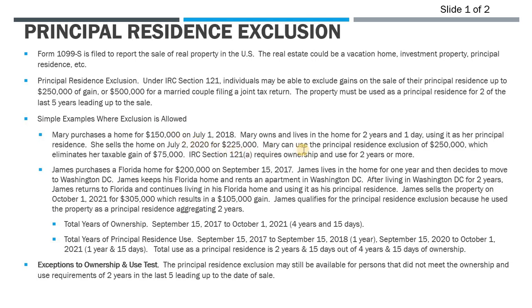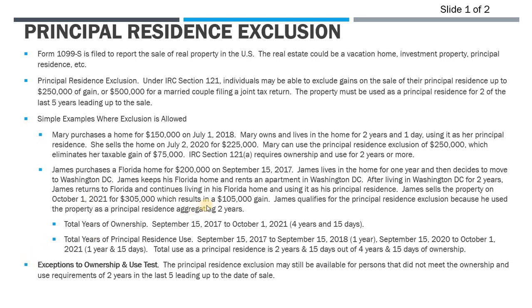Now, Mary can use the principal residence exclusion, and she gets up to $250,000 of gain, which basically eliminates her whole taxable gain. So on Mary's tax return, she won't have any capital gain on the sale of her property, right? And that's obviously very good, right? That reduces her taxable income. She's not paying gain on the sale of her house.